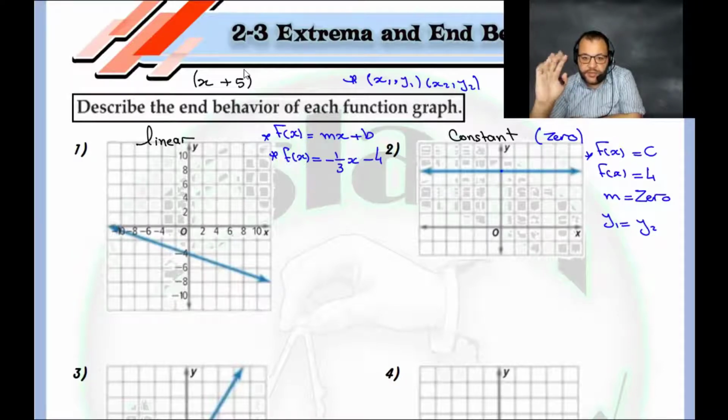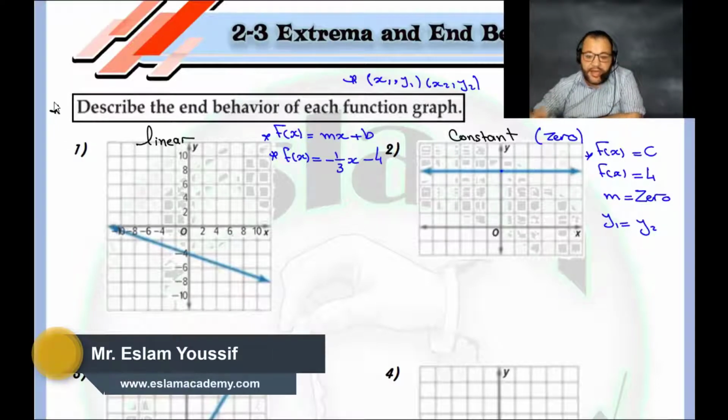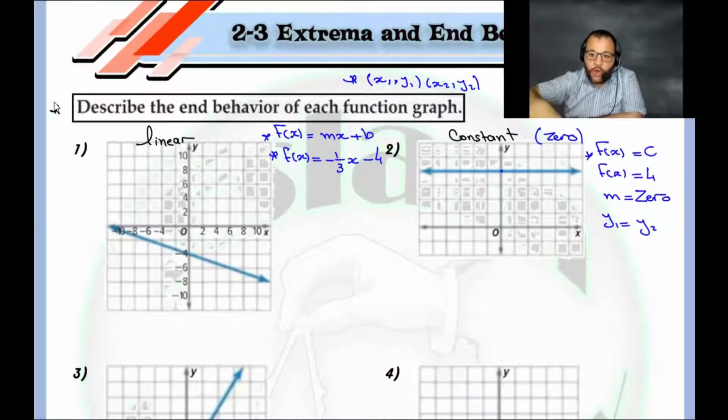That's right? Yes. So what is the verbal expression that I have for this end behavior? At the left side, the function is going up. At the right side, the function is going down. That is the verbal expression that now I need to convert to a mathematical expression. How can I represent that? What is the meaning of left side?